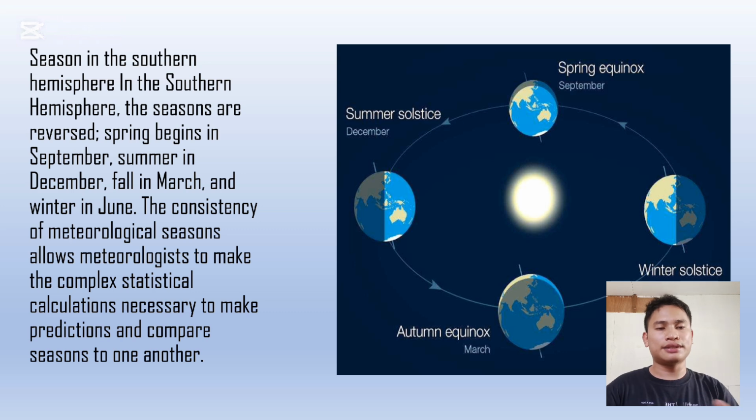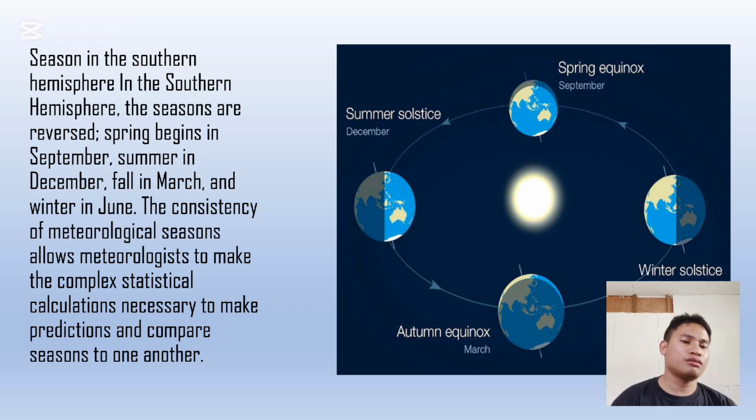So yakabaliktad siya ato mapansin na kung summer ngadto sa northern hemisphere, winter sa southern hemisphere. In the southern hemisphere, the seasons are reverse. Spring begins in September, summer in December.